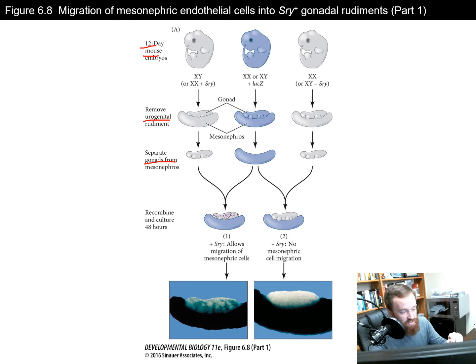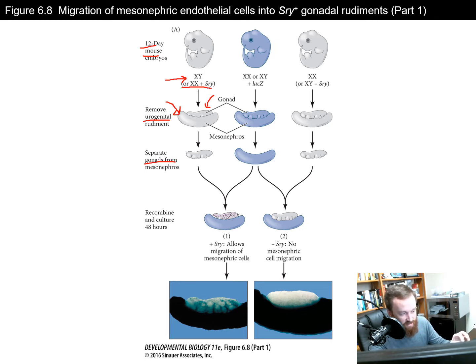This is the tissue that those kidney cells, the mesonephric endothelial cells, will migrate from. And then on top of it here are the gonads that are going to develop into the testes. So we have here an XY mouse or a female mouse that has the SRY gene.